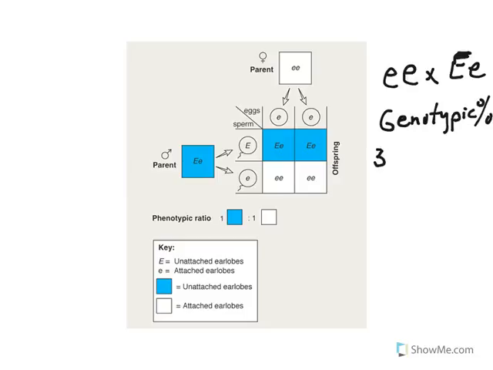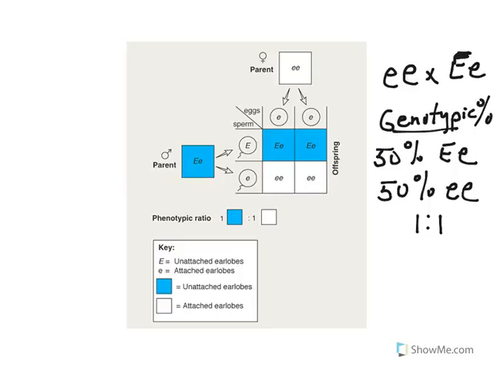You have 50% showing the heterozygous condition and 50% showing the homozygous recessive condition. This can also be represented 1 to 1. And the phenotypic ratio is given to you here. So 50-50, 50% unattached, and 50% attached earlobes.